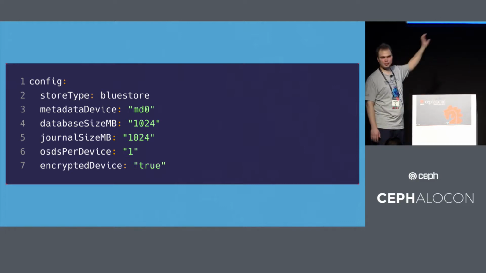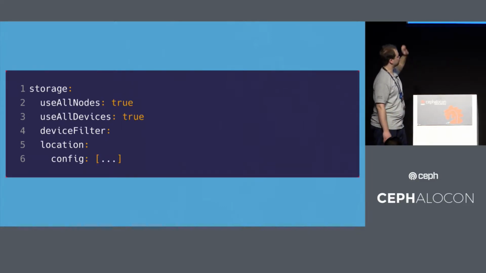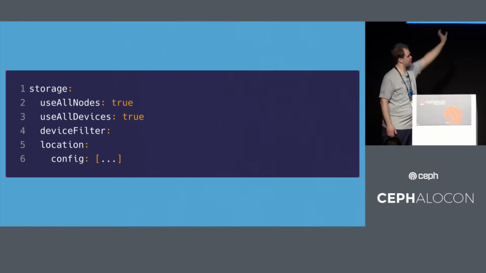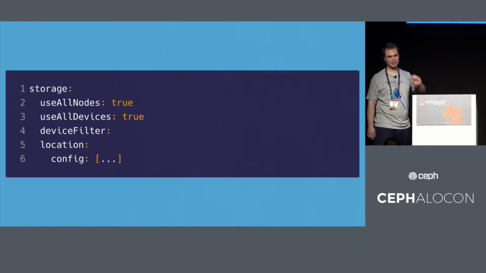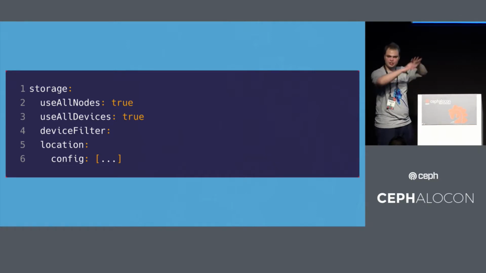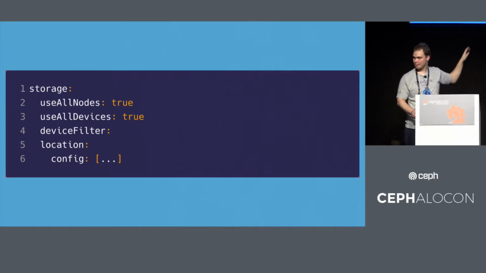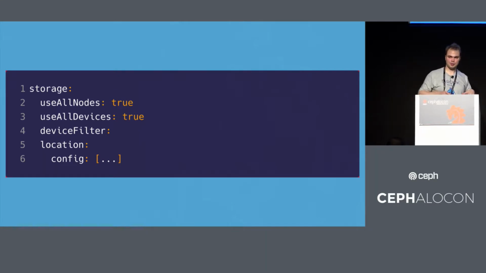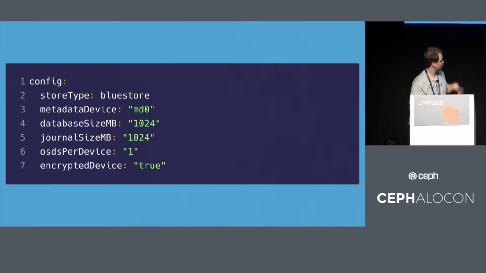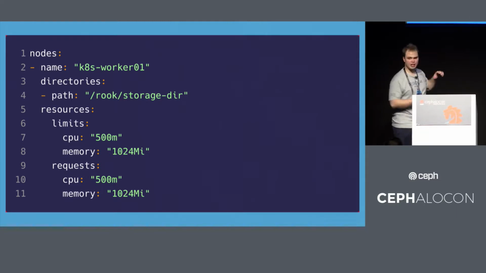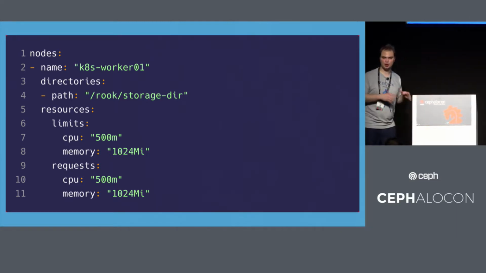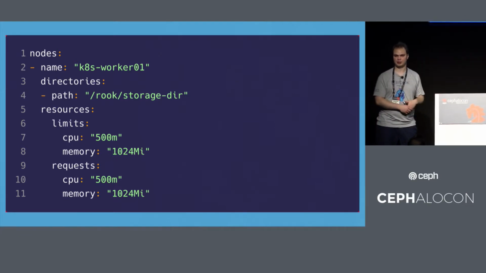An important part about those configuration options is that if I go back one slide there, this part is a cluster-wide setting. So if you would set something there, it's cluster-wide. But if we're going further now, you can also specify a detailed list per node, basically overriding these cluster-wide settings.